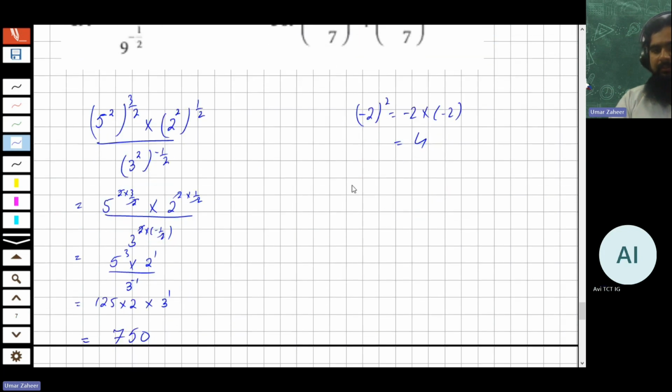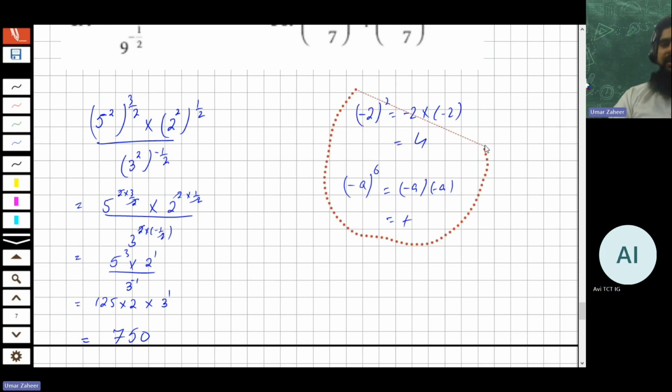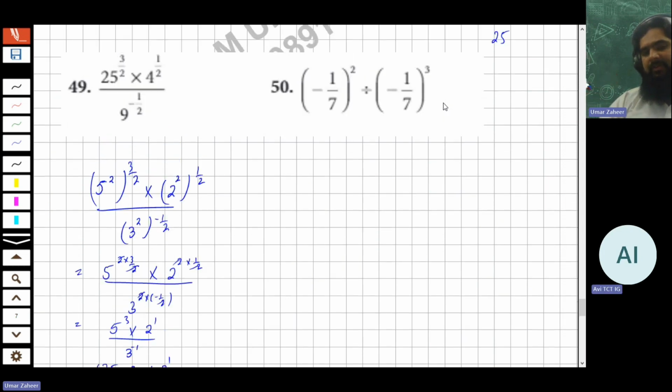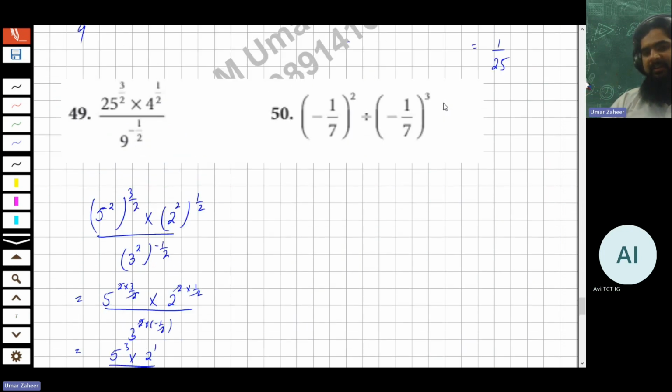In the same way, if you have minus a raised to power 6, it means minus a multiplied by minus a, six times. So you are going to multiply them. Again, you will get your answer in positive. So simply, we have to say that if you have an even power on the whole number, the negative sign will become positive. Clear?